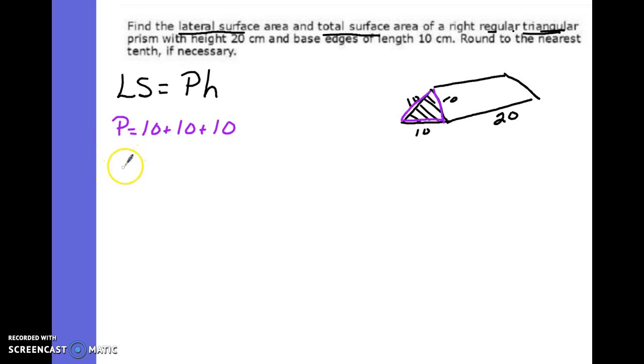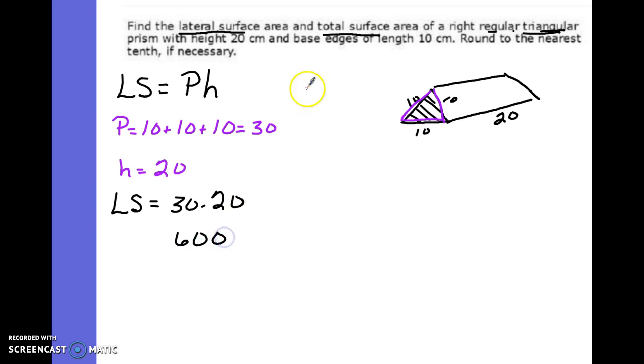The height is 20. So my perimeter is going to be 30. My height is 20. So my lateral surface area is going to be 30 times 20, which is 600. And my units were centimeters, so this is centimeters squared.